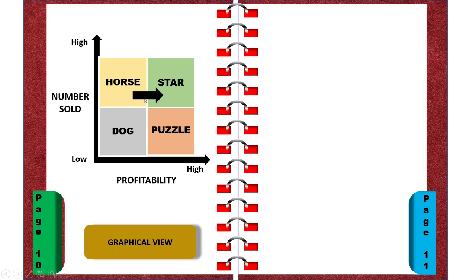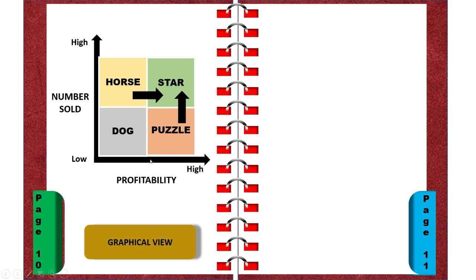That is possible through decision making and marketing policies. Similarly, this puzzle item, which has high profitability and low popularity, we can also make some effort to make this puzzle item a star. So it is based on your decision, how we will be taking the managerial decisions.